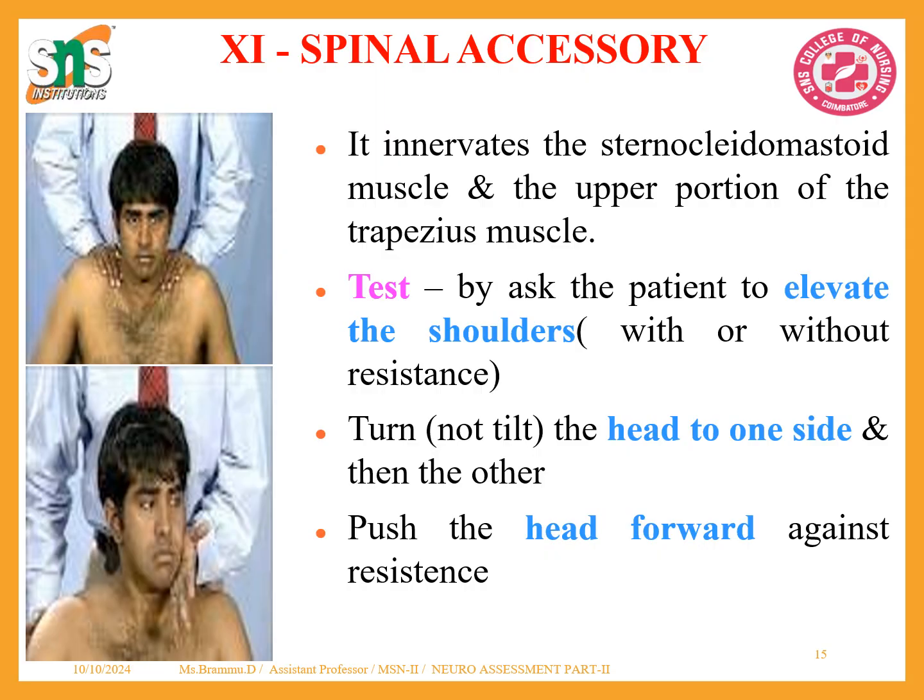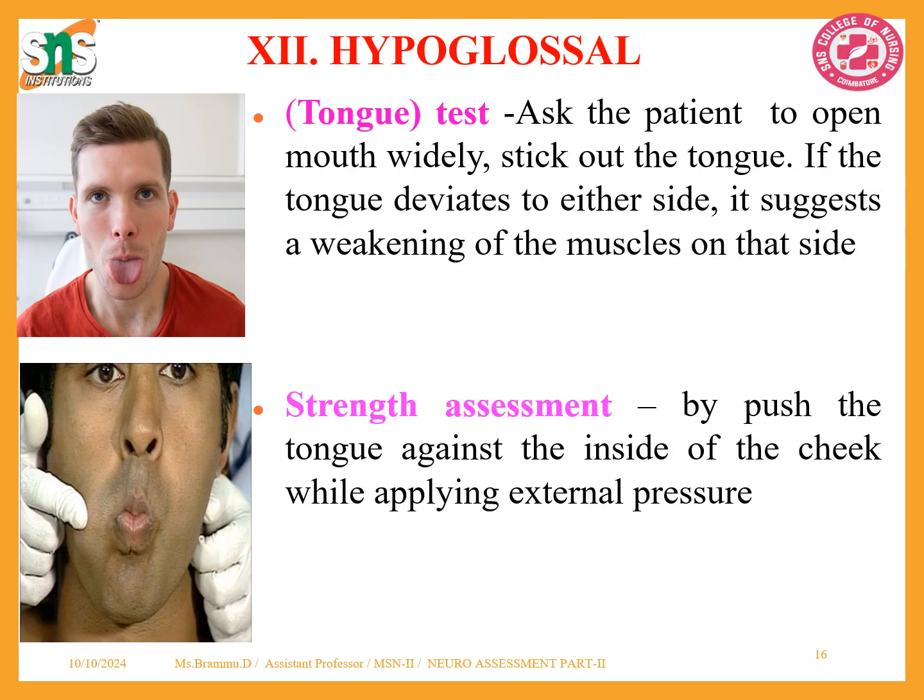For example, in this picture the examiner is holding the left side and the patient should turn towards the left. If the patient is still able to turn towards the left, then the spinal accessory nerve is said to be intact. Push the head forwards and backwards against resistance as well, but that can be done only when there is no risk of any cervical fractures.